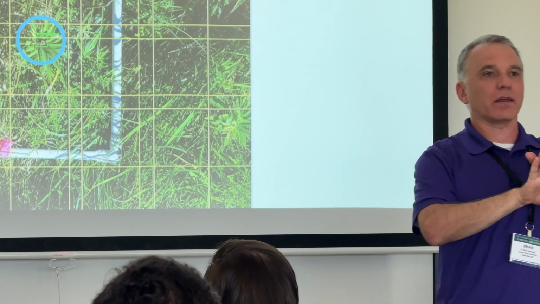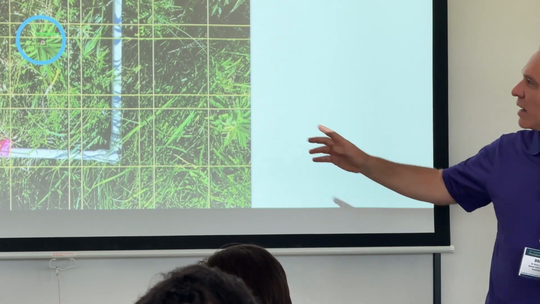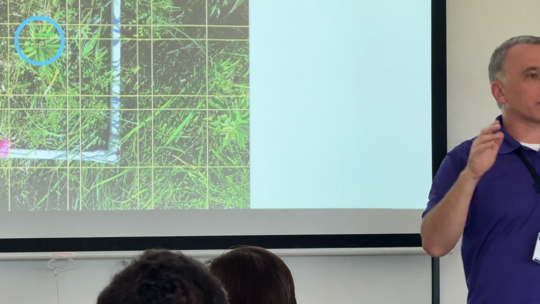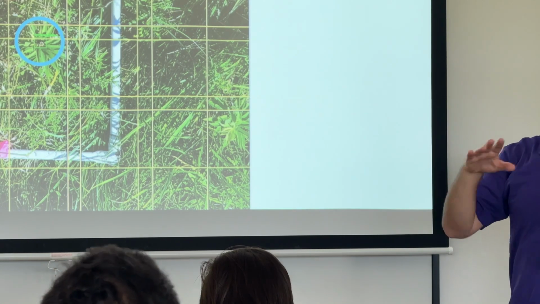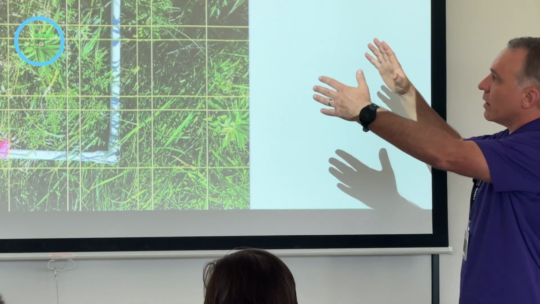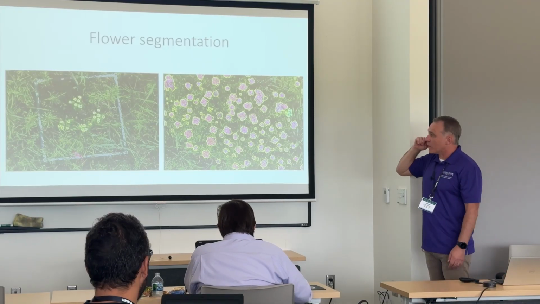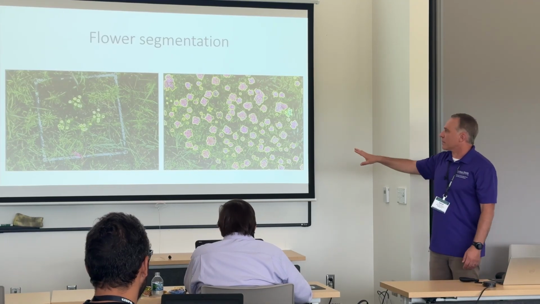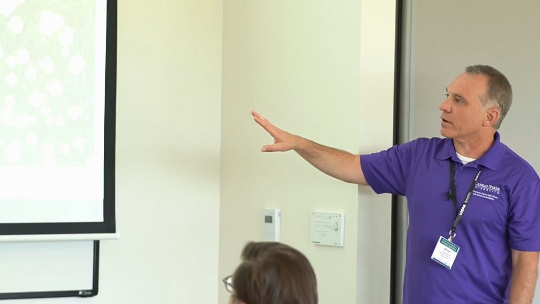It wouldn't be cut in the other image that's overlapping that. I think I had 40% overlap on these grid cells, and so when it reassembles the full image, it will take the largest object. This is something I haven't trained yet. This is something that we're starting to do.